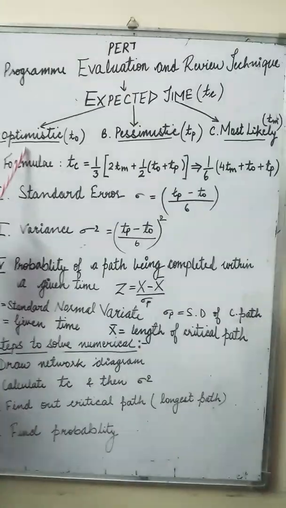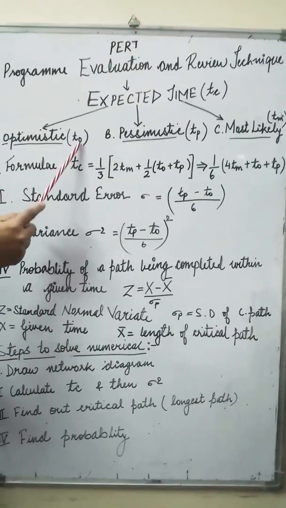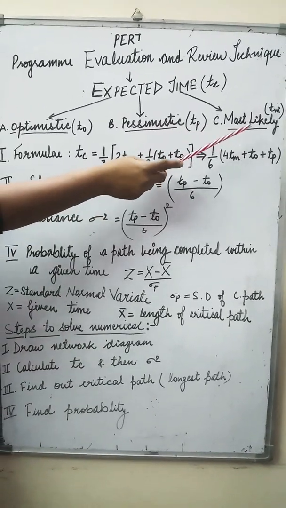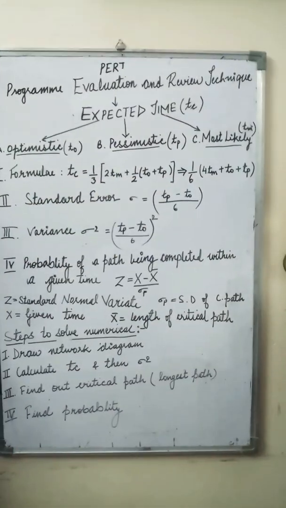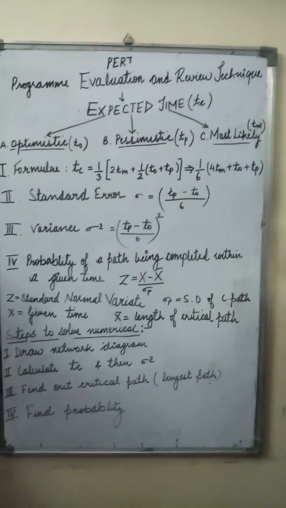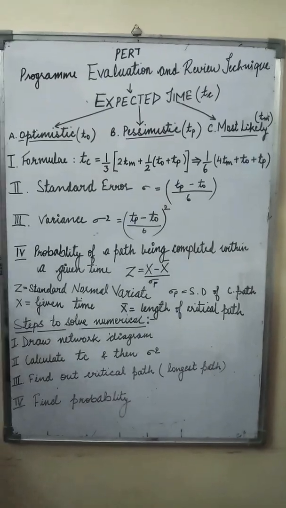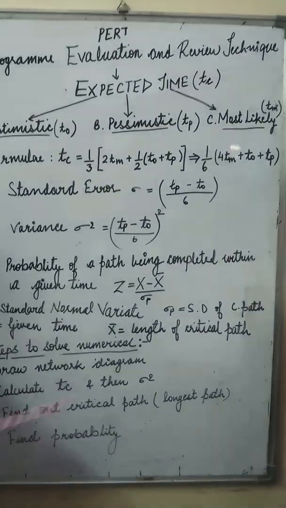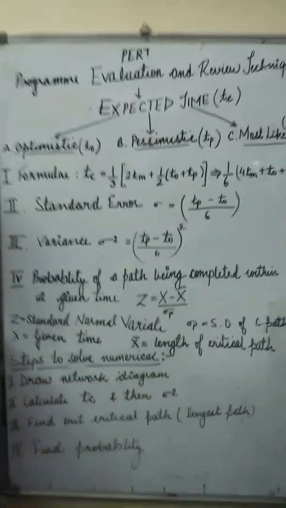First, optimistic time, TO. Pessimistic time denoted by TP. Most likely time denoted by TM. What is optimistic time? Optimistic time is the shortest time to complete any project without any disturbance. Second, pessimistic time.